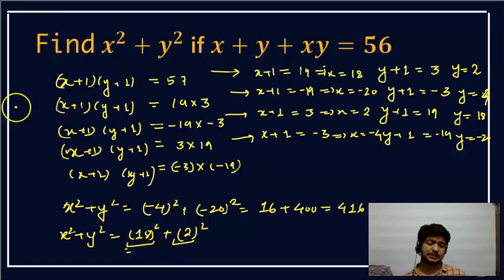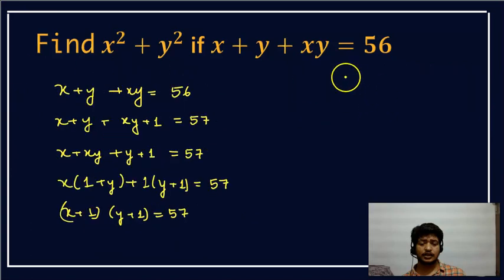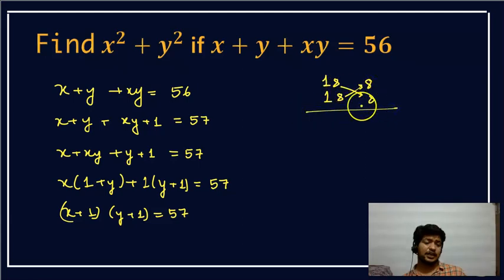What is the value for 18 square? For that we have to know one important and basic method, how to multiply two numbers greater than 10. Here you will write 18 and here you will write 18. You can write it as 8 and 8. Do the cross addition: 18 plus 8 is equal to 26.